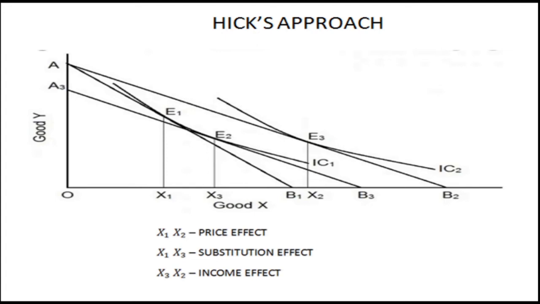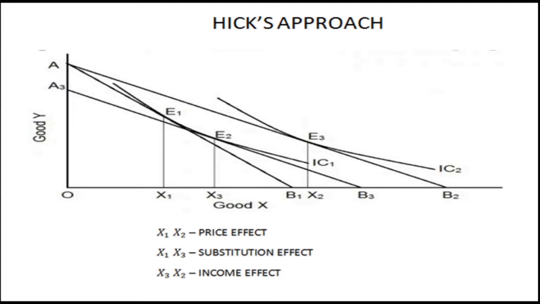Okay. Let's suppose there is a decline in the price of good X. So the decrease in price of good X changes the budget line in such a way that it shifts from AB1 to AB2.